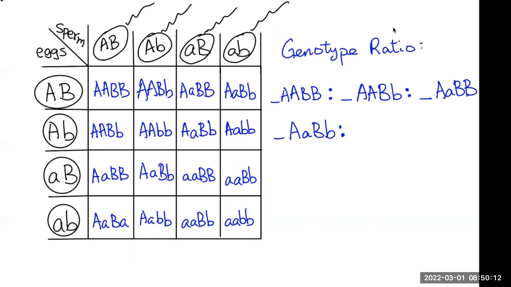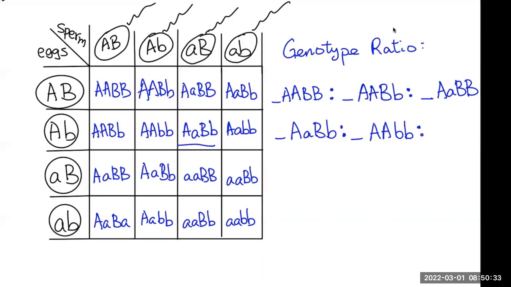We already have this. We could have big A, little b. And do we have this one already? Yep, we do, which is right here.